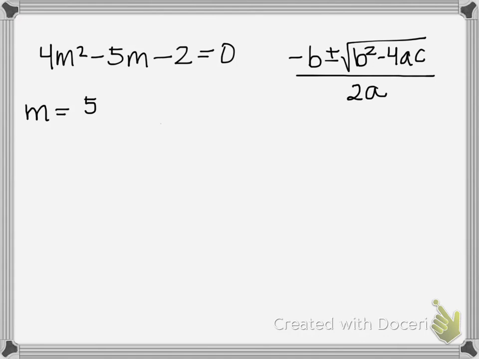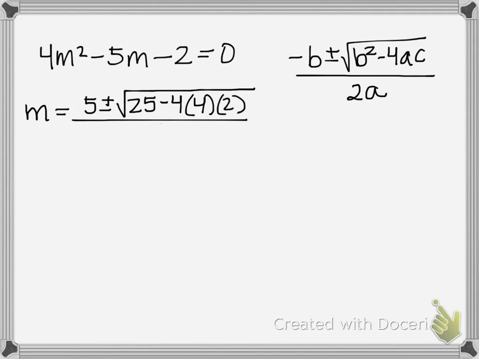So it's going to be positive 5 plus or minus the square root of b squared. I'll just go ahead and square the 5. Minus 4ac over 2a. So we can just go ahead and say 2a is 8, right? And then simplifying this, get 5 plus or minus.